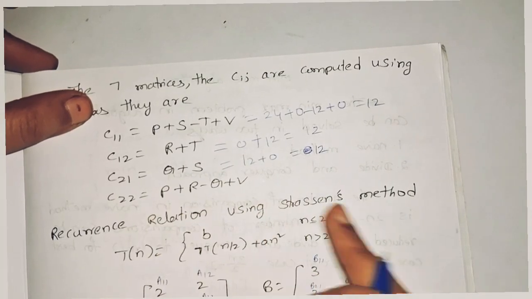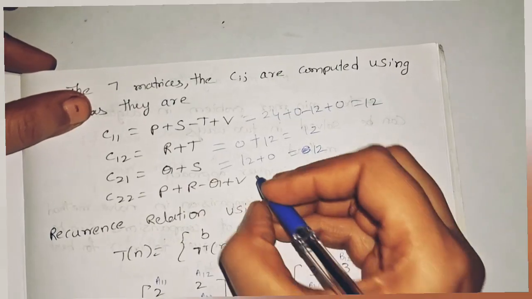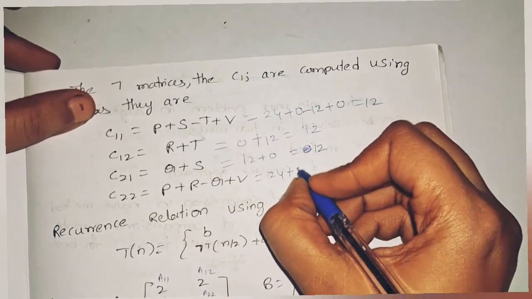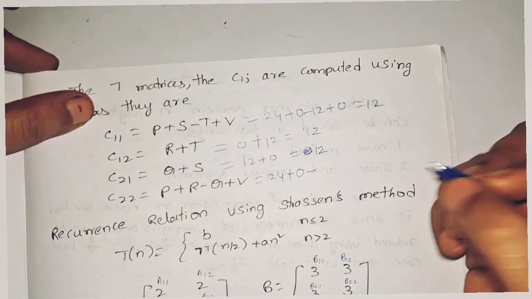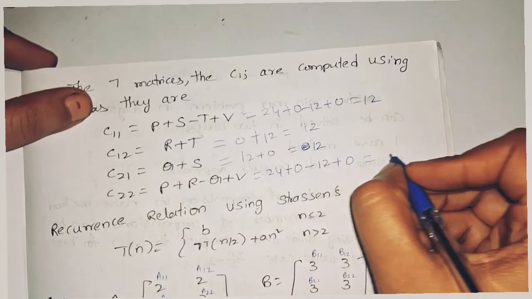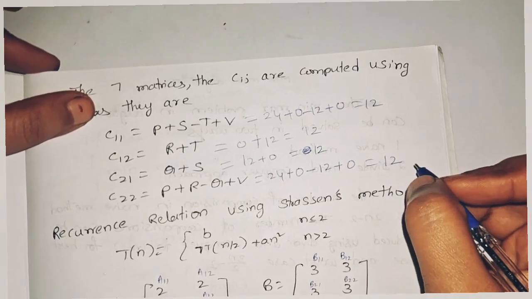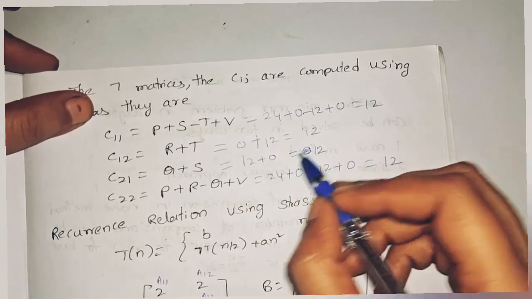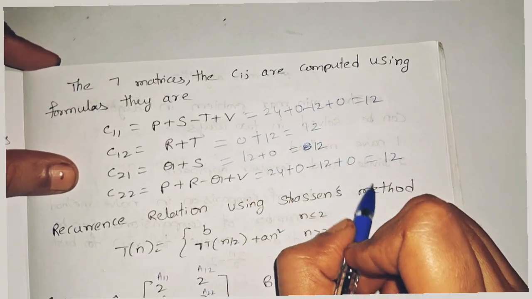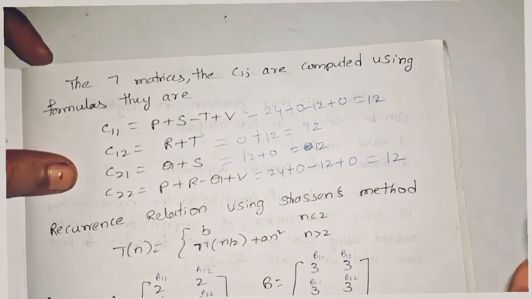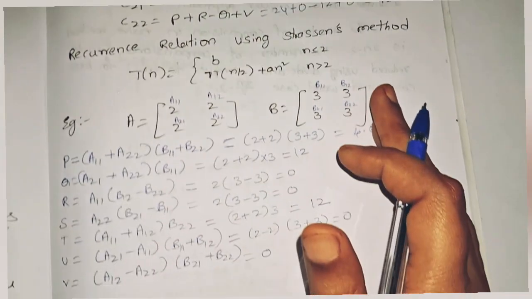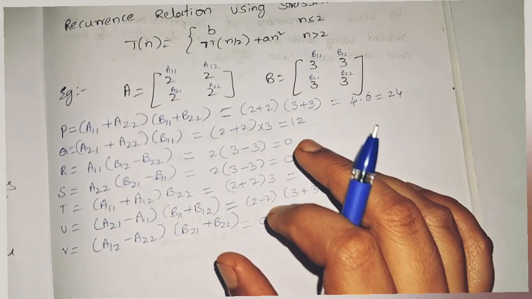And P plus R minus Q plus V: 24 plus 0 minus 12 plus 0, that is 12. So this is how we can perform the matrix product of n by 2 into n by 2 order and get the product of the two matrices using Strassen's matrix multiplication method.